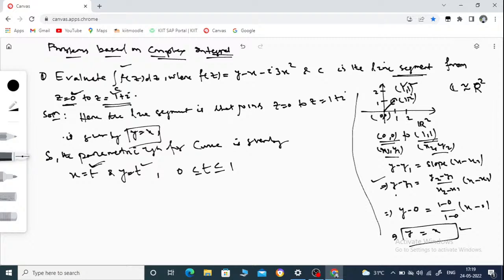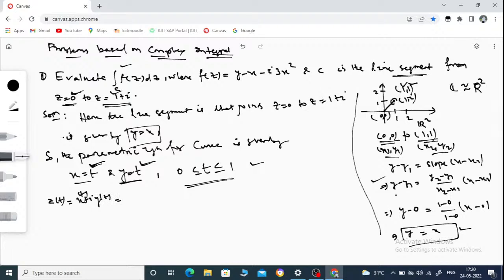This is the important thing you have to calculate: the parametric equation of the curve, converting the two variables into a single variable t, with x and y written in terms of t, and t varying from 0 to 1. After doing this, what will be z of t? z of t is x plus iy, or x of t plus i y of t.